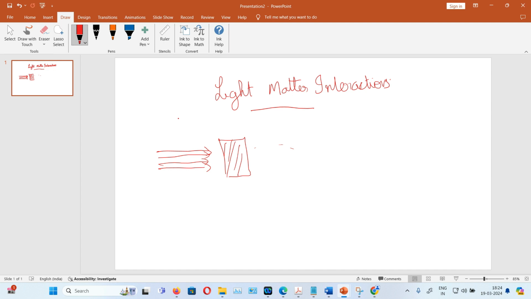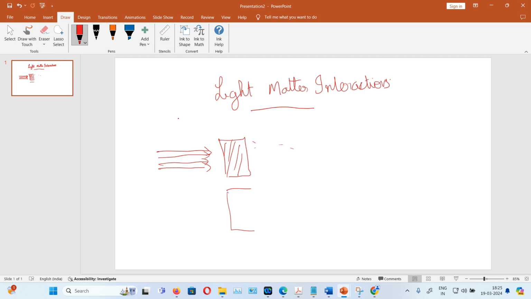For basic light matter interaction, you need only the particle nature of light. So if a beam of light is incident on an opaque particle, there will not be any light after this material, and this kind of material is called an opaque material.